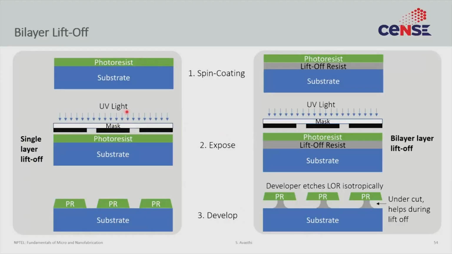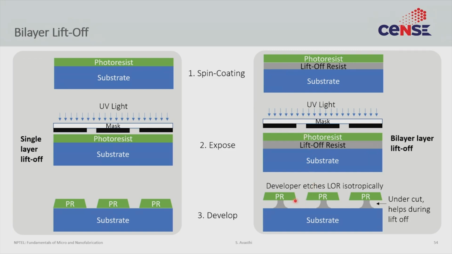So what is a lift-off resist? You just look at the figure. With a simple resist, you have a substrate, you have a photoresist, you shine UV light, you pattern the photoresist, done. What you do with a lift-off resist is, the lift-off resist is not a photoactive material. You deposit it between the photoresist and the substrate. You do the patterning, you do the development.